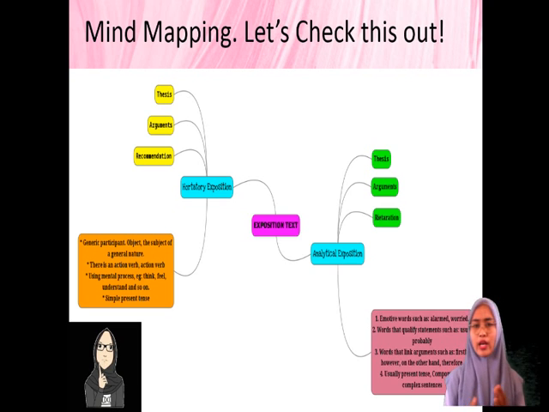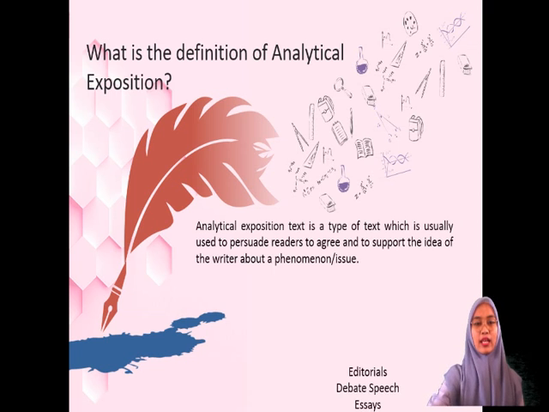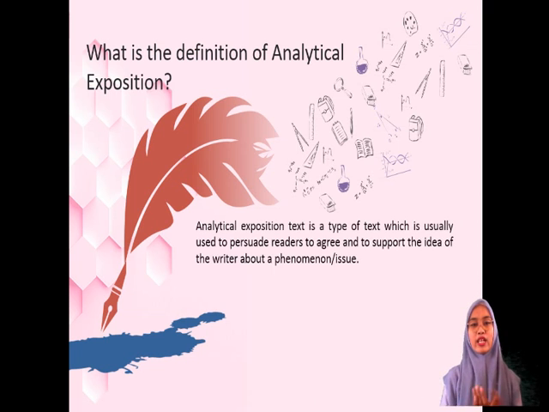Today I explain to you about analytical exposition. I want to ask you, what is the definition of analytical exposition? Do you know it? No? Okay, I show you. Analytical exposition text is a type of text which is usually used to persuade readers to agree and to support the idea of the writer about a phenomenon or issue.